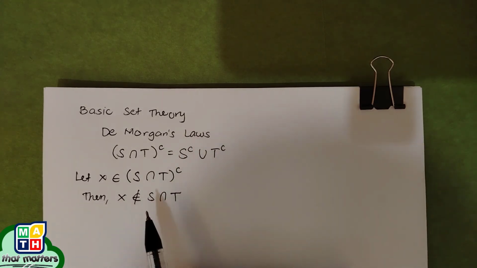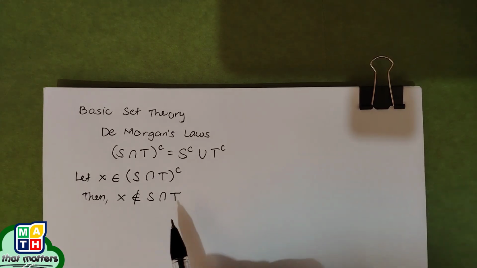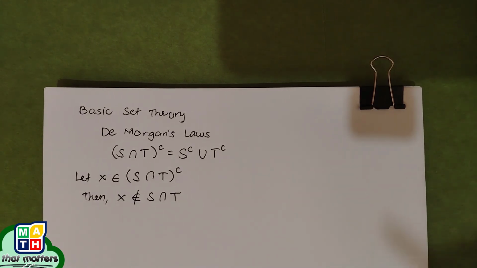If x is not an element of the intersection, okay, we talk about intersection, it's the common to both.